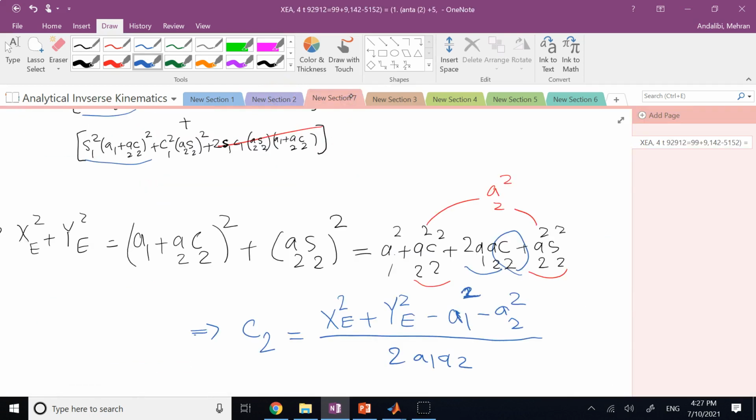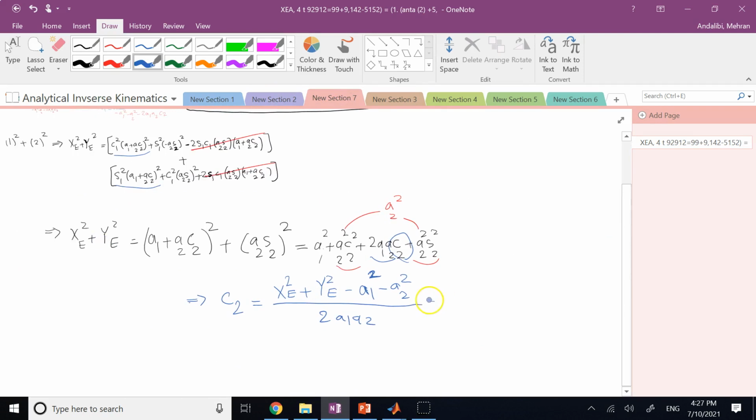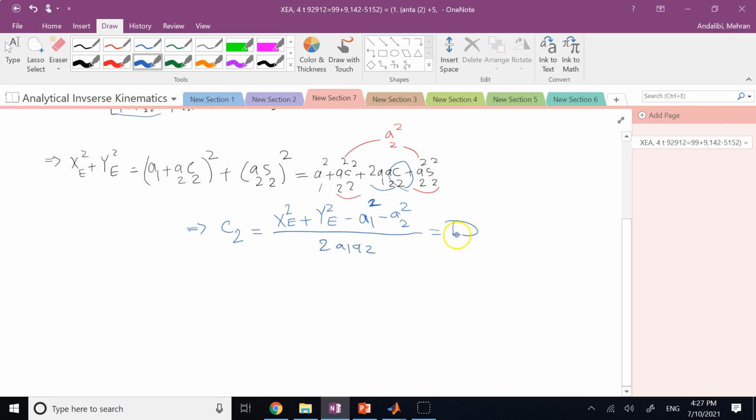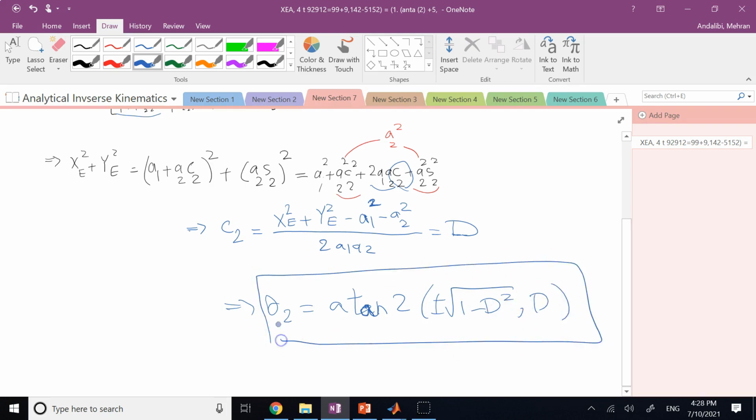You see? So I could get that again, and if I call it D, then your theta 2 is going to be arctangent of plus minus square root of 1 minus D squared, and D, which is exactly like the previous case.